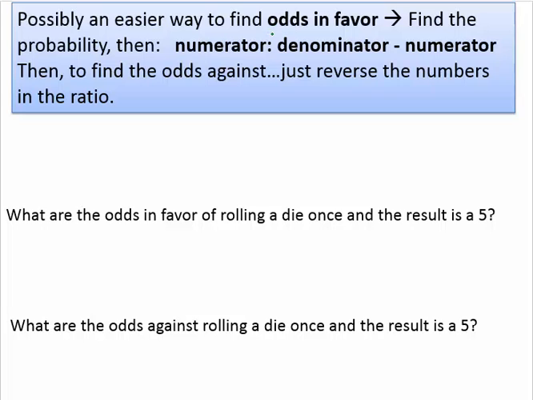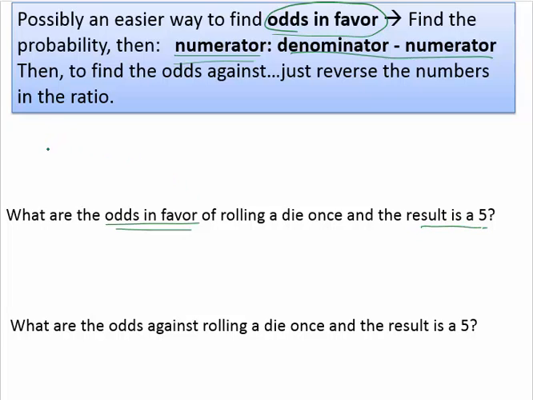Okay, to find odds in favor, find the probability first, and then from that probability just simply put the numerator as a ratio to the denominator minus the numerator. So what are the odds in favor of rolling a die and having the result as a 5?